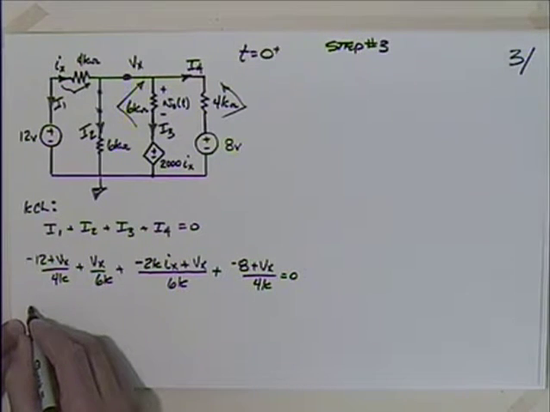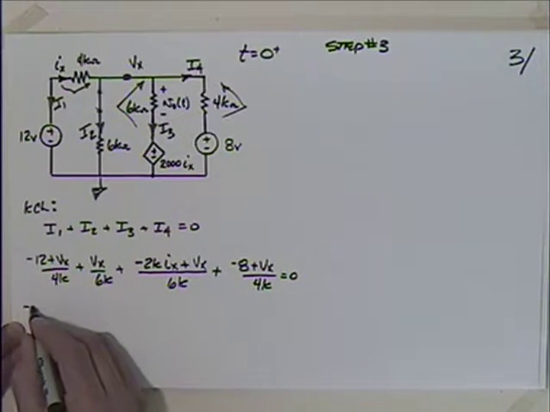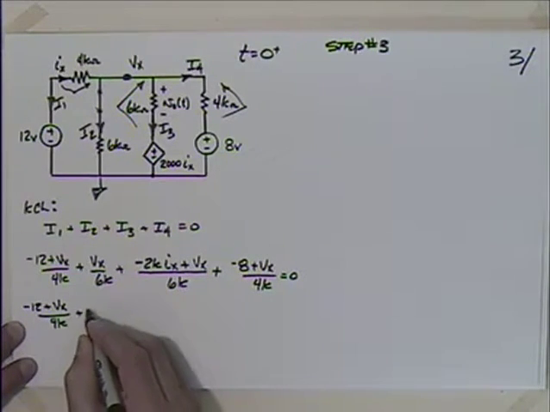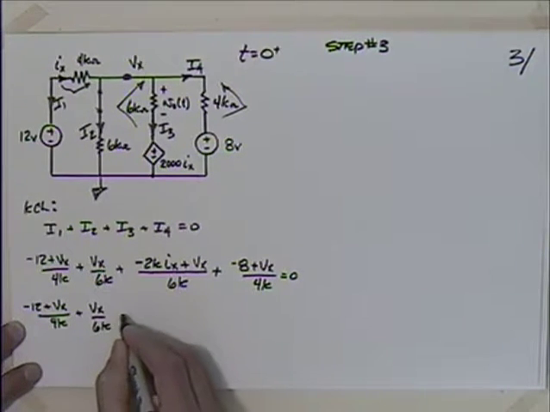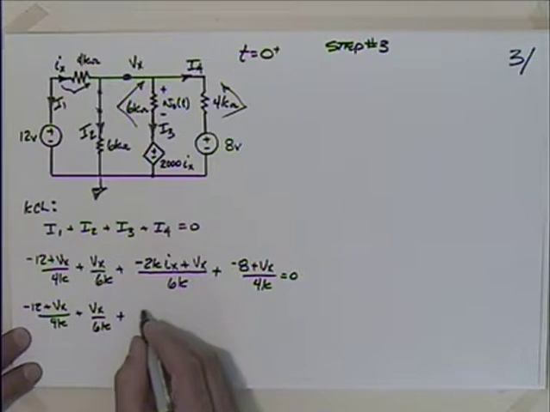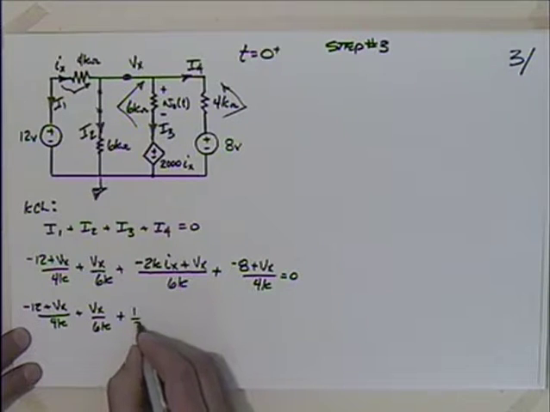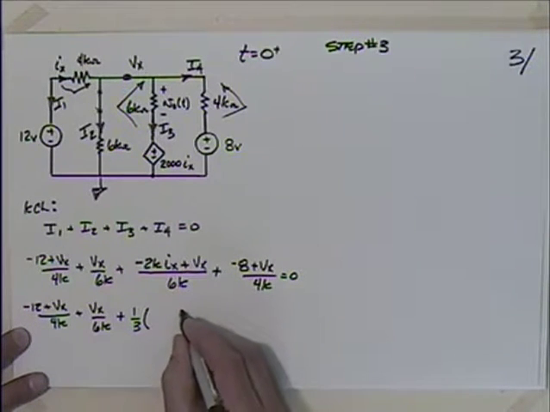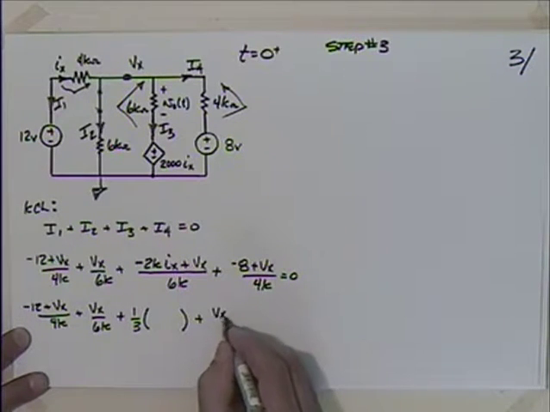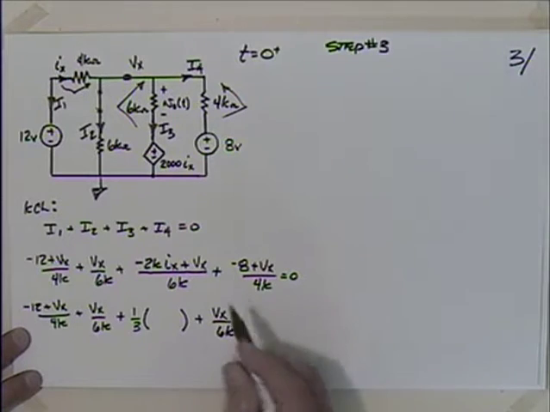I could say that I have minus 12 plus Vx over 4K plus Vx over 6K, and then I'm going to have what, a 2K over 6K, which gives me, I'm going to say 2K over 6K is a third, and then I have to, and I'm going to break this up, so I'm going to add to this plus Vx over 6K.